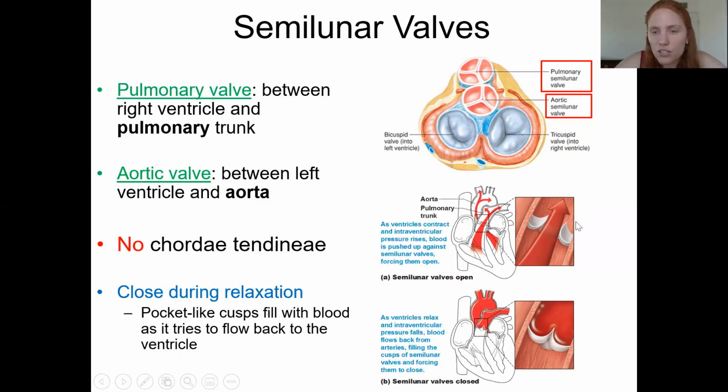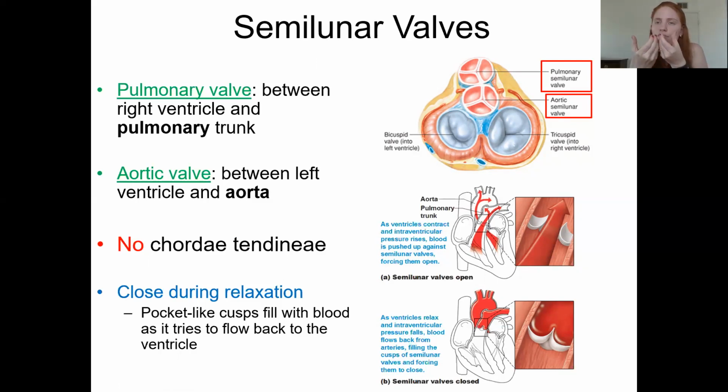So the way that they work is if you look at them carefully, they're called the semilunar valves, lunar as in moon, and they make little crescent shapes. So think of them sort of like upside down parachutes. When the ventricles contract, that's going to force the blood through the valve.